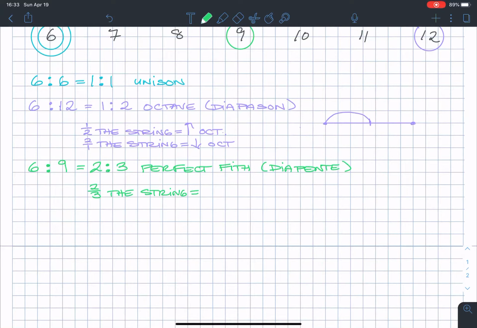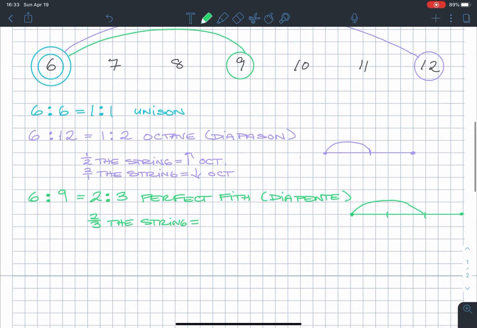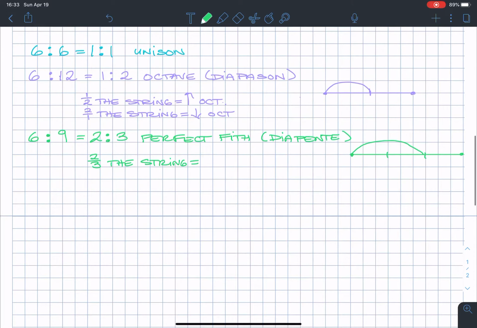so let's look at our string. So 1, 2, 3, 4, 5, 6. So say this is my string, and so I break it into thirds, and if I now only have 2 out of 3, 2/3 of the string, I've gone up, right? So this is up a fifth.